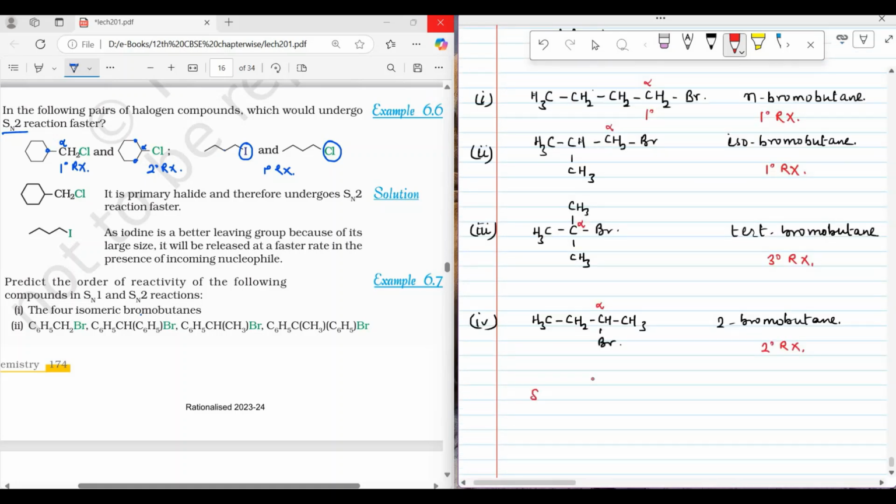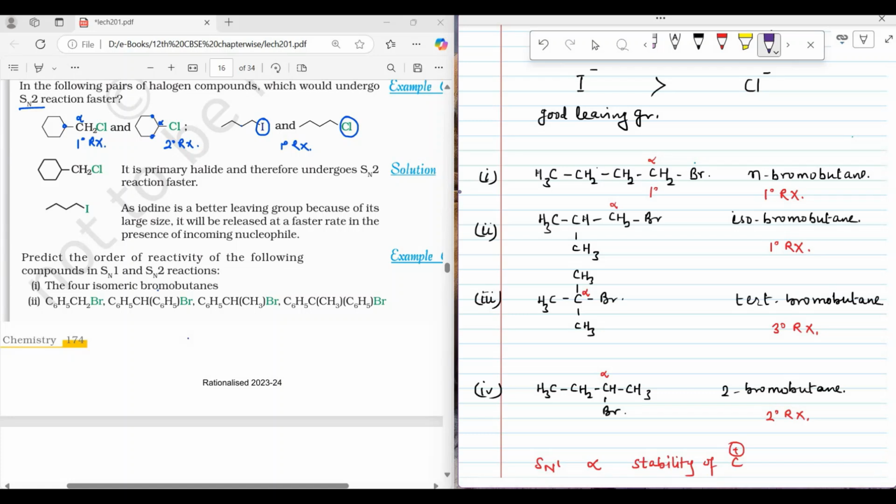For the SN1 reaction, the reactivity of the molecule is directly proportional to the stability of the formed carbocation. So I can write here, SN1 reactivity is directly proportional to the stability of the carbocation. Now let's examine these isomers.